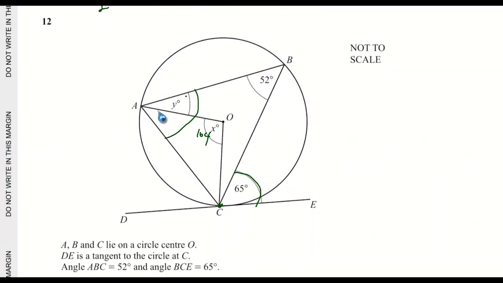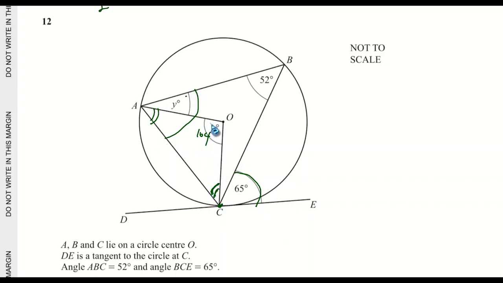So we can get this small angle here, angle CAO. Angle CAO equals angle ACO, because they are base angles of this isosceles triangle. Let me put two arcs here.